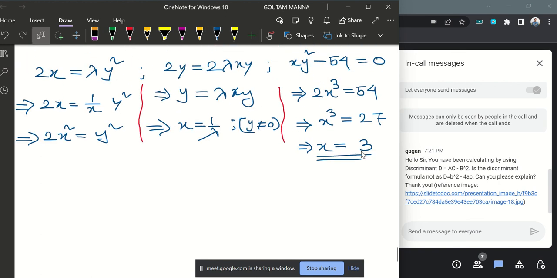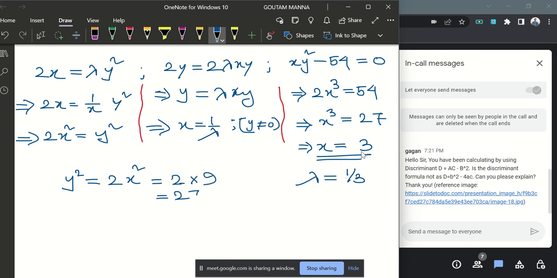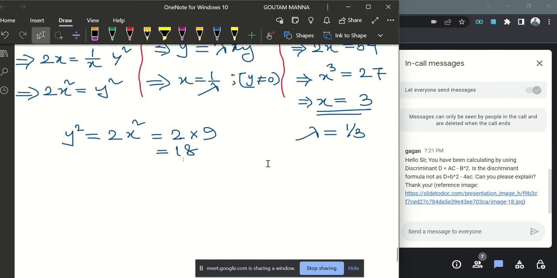So we got x = 3. Now if you put this value of x, you will get lambda = 1/3, and y² is basically 2x², which is 2 times 9, that is 18, and y is equal to plus or minus the square root of 18.